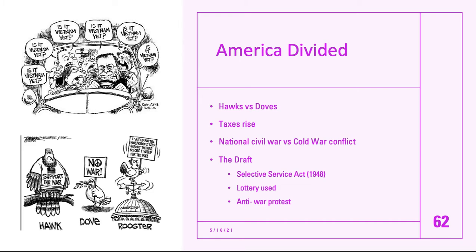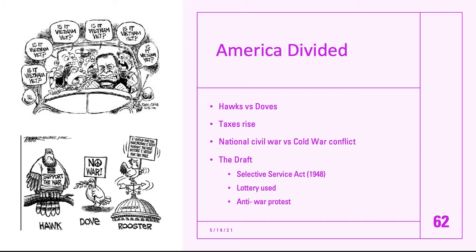The lottery was a change from the draft the oldest man first method, which had been used in deciding the order of the call. How they did this, first of all, it was televised, it was on the radio, it was filmed.